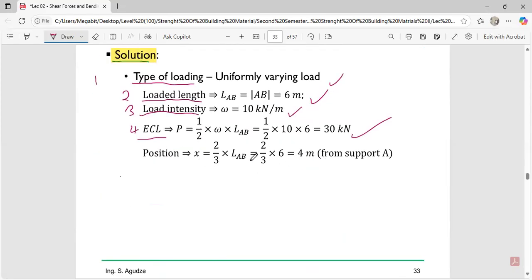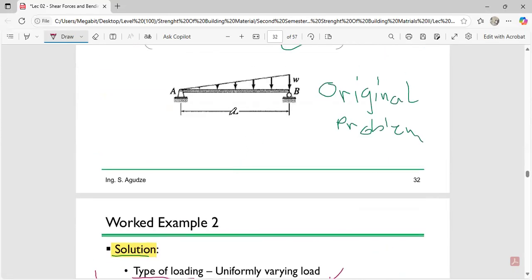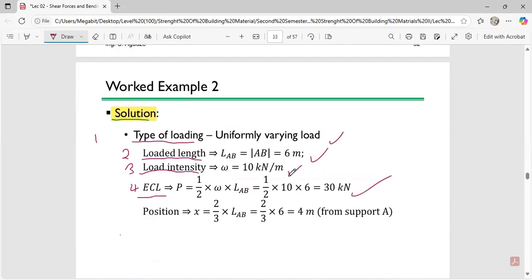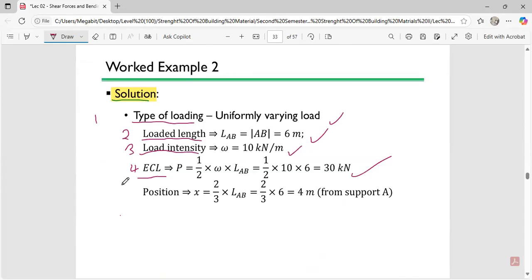Then from there, we calculate for the position. You can either choose to calculate the position from support A or support B, but just always remember or write somewhere that the position is always calculated from a support. So over here, Mr. Gude decided to calculate the position from support A. That is why you can see that he multiplied 2 over 3.